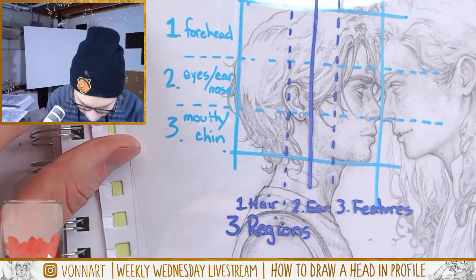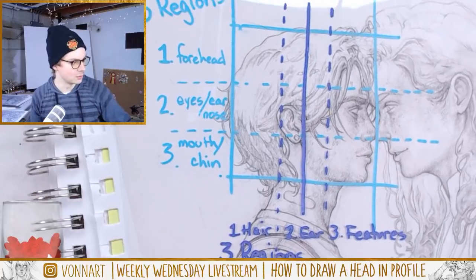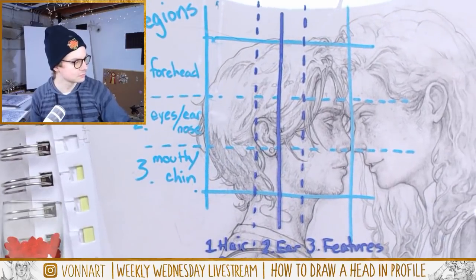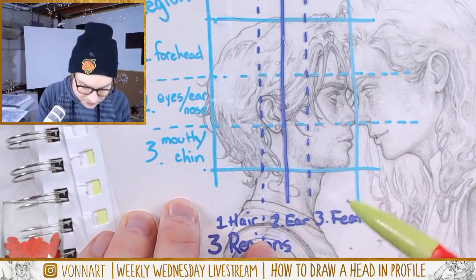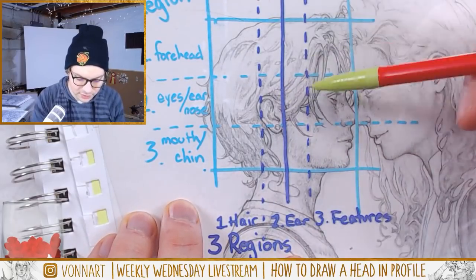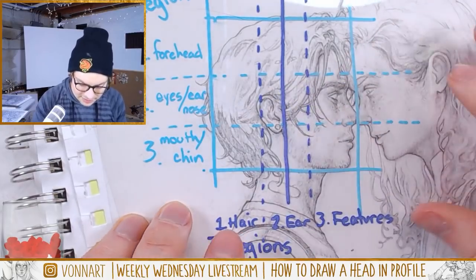Actually, this should be like that. Okay, let me move it for the camera. So essentially, if you break the lines into vertical ones as well, the ear is placed basically on the back.